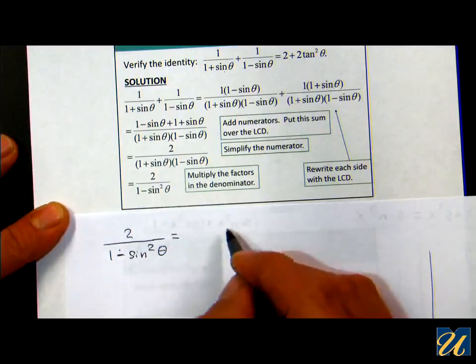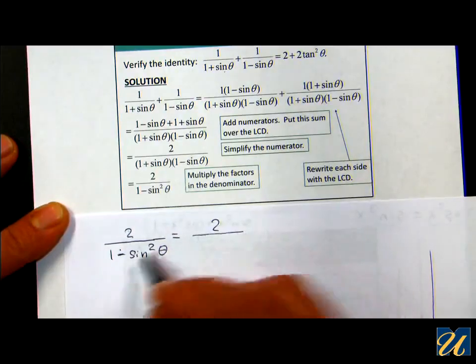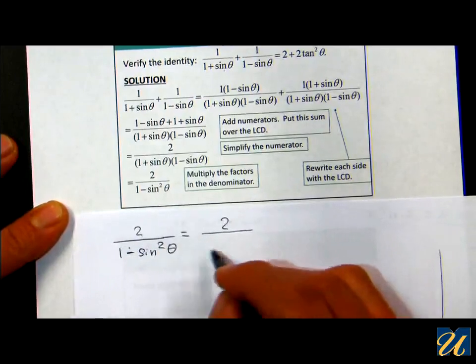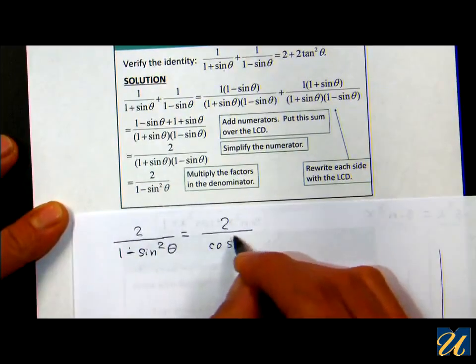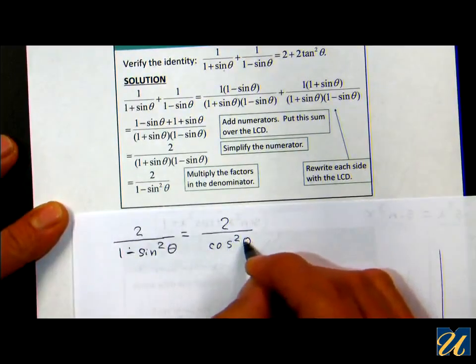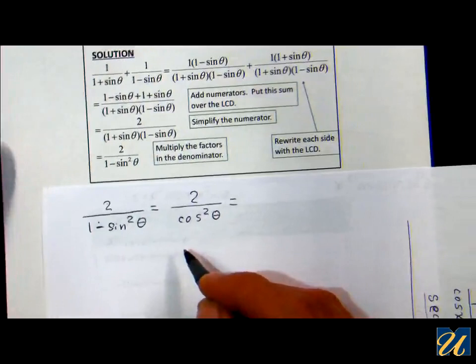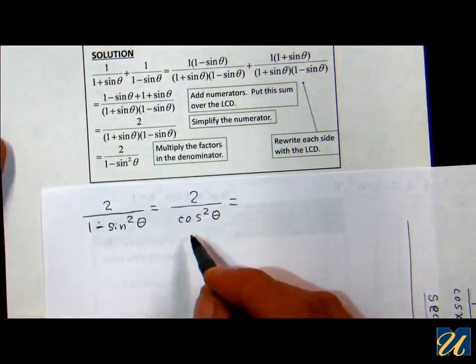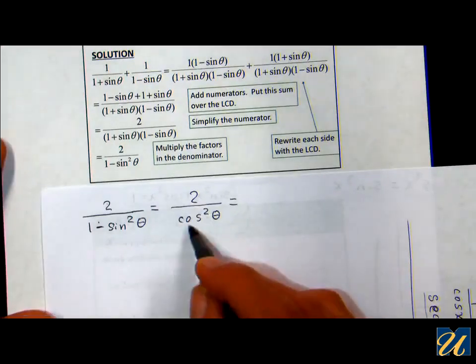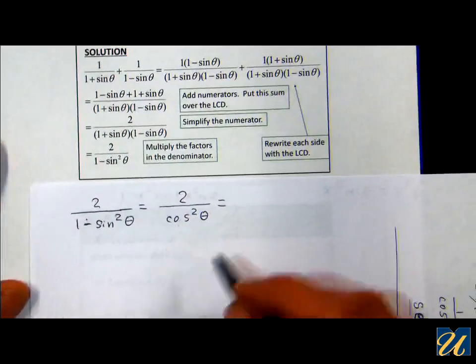Well, by the Pythagorean identity, 1 minus sine squared theta is equal to cosine square theta. Okay? But 1 over cosine is secant. And 1 over cosine square would be secant square.